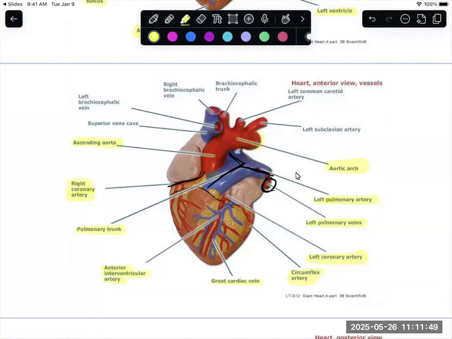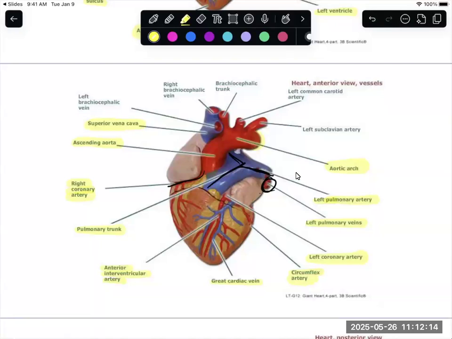Here we can also see, if we look back, we have the superior vena cava. The superior vena cava is one of those blood vessels that is bringing blood back to the heart. That superior vena cava is bringing blood from the head, the neck, and usually the arms. Both arms, those vessels feed into that superior vena cava.